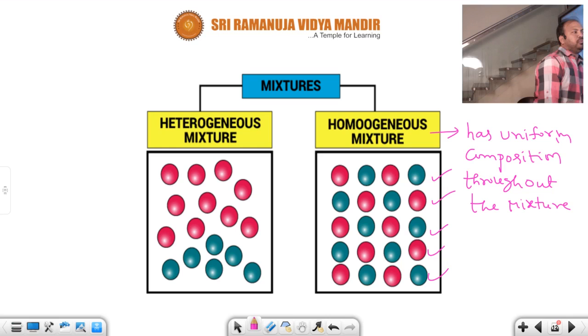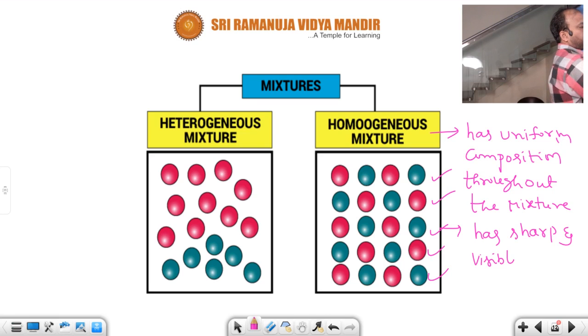It has uniform composition throughout the mixture, and homogeneous mixtures have sharp and visible boundaries between the constituents.